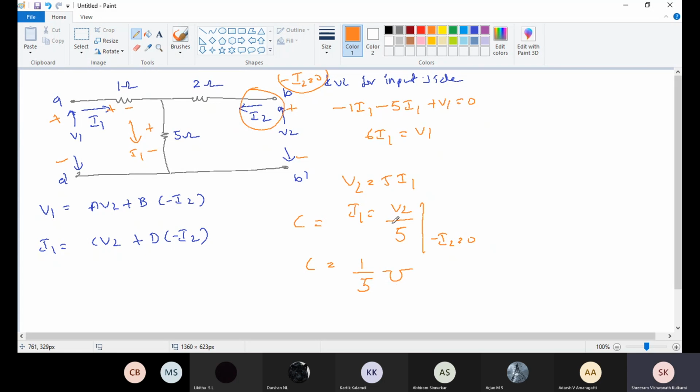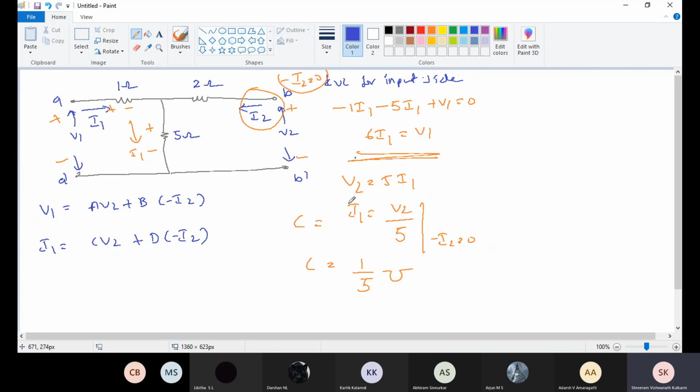Okay, now I1 equals V2 by 5. Now I am going to substitute this I1 in this equation.